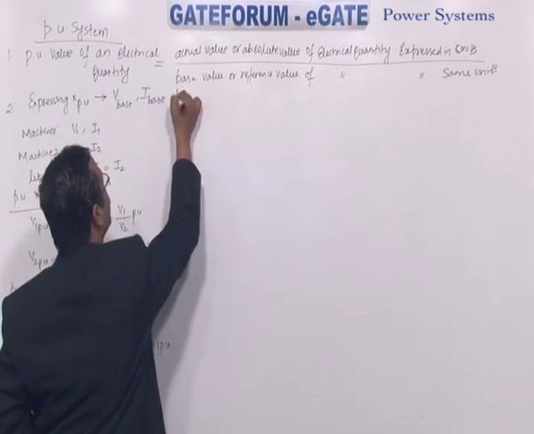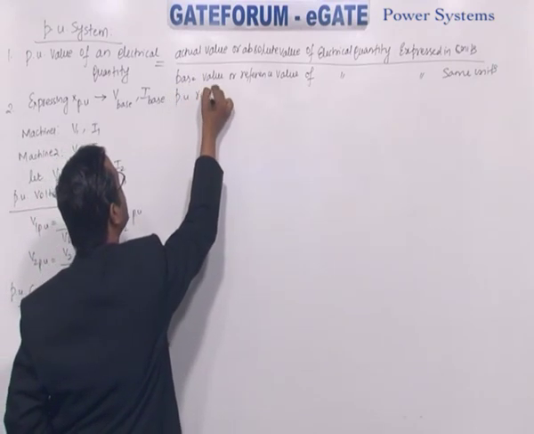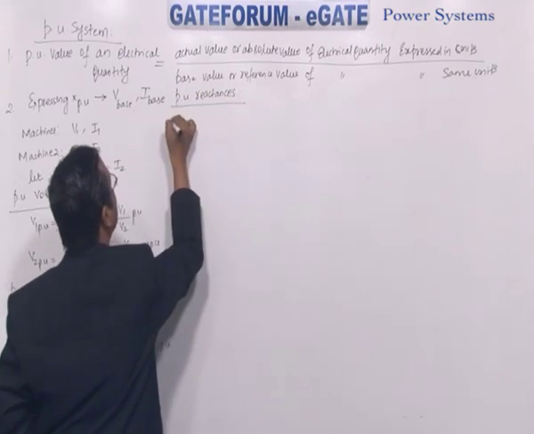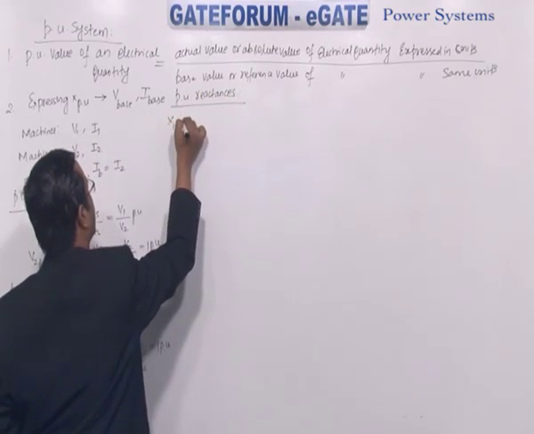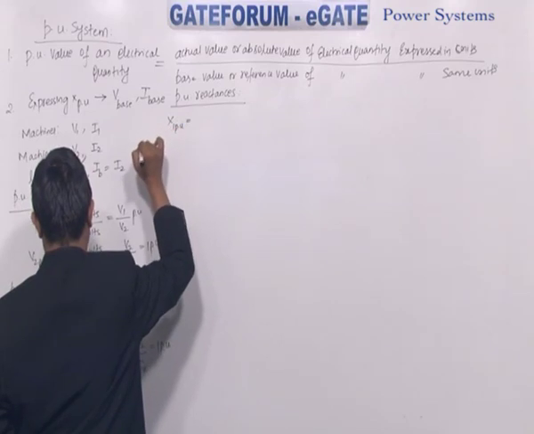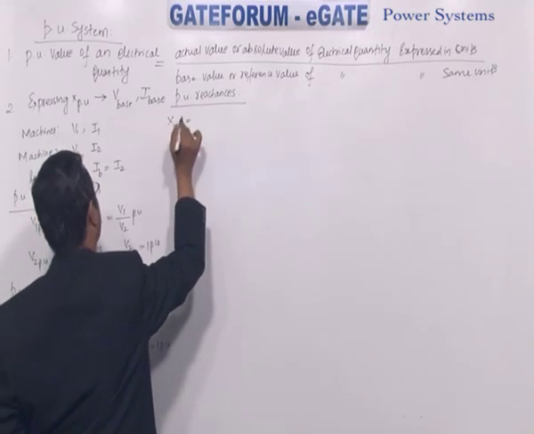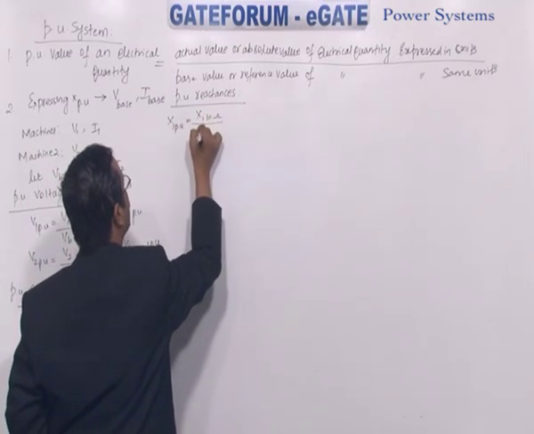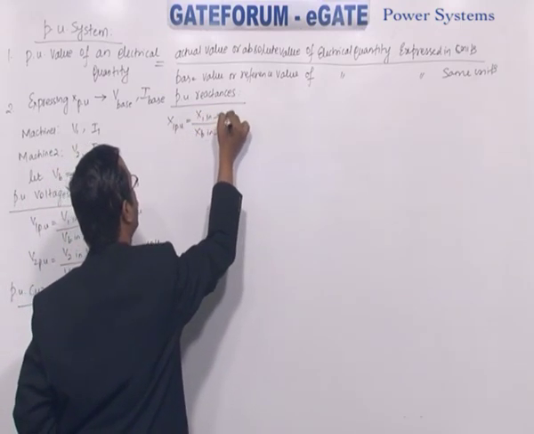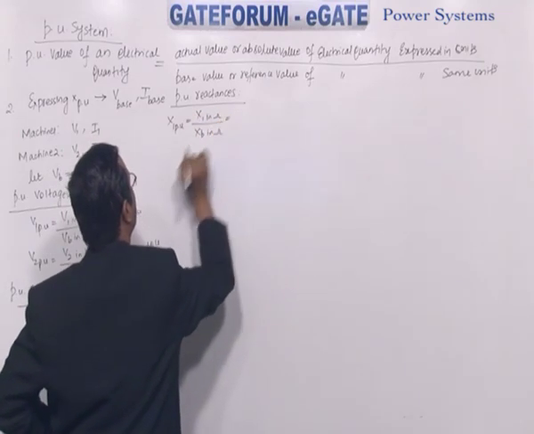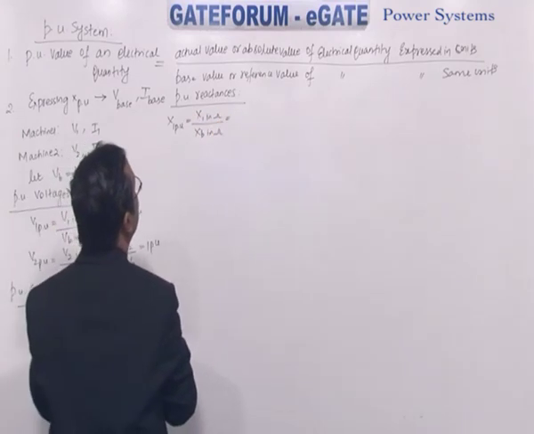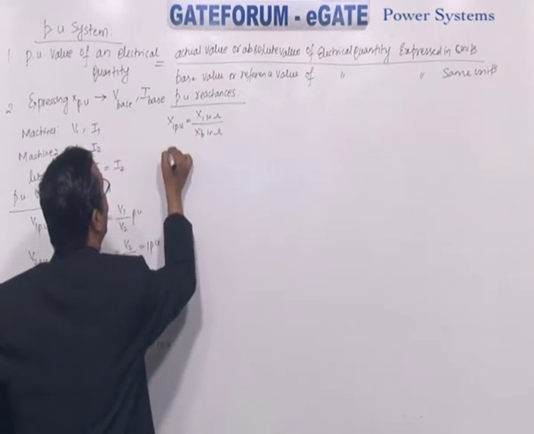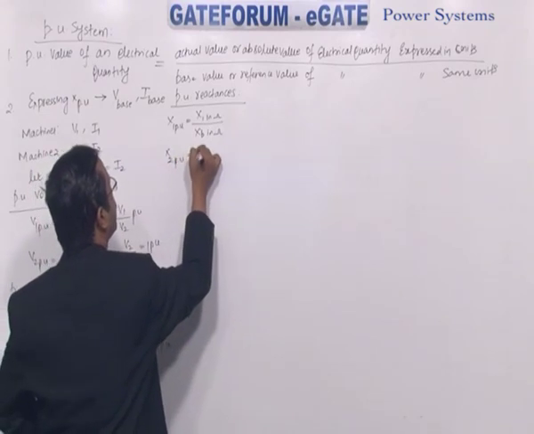Similarly, how do you find the per unit reactances? X1 per unit, how to write? Actual value of X1 in ohms by base reactance in ohms. And how to write X2 per unit?